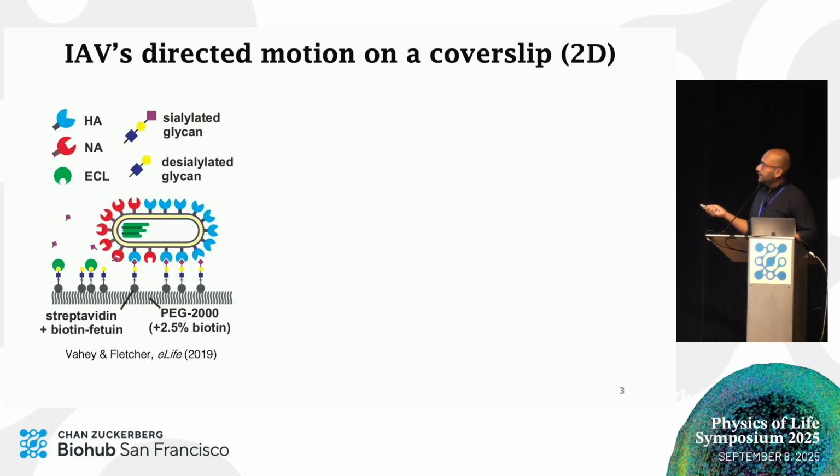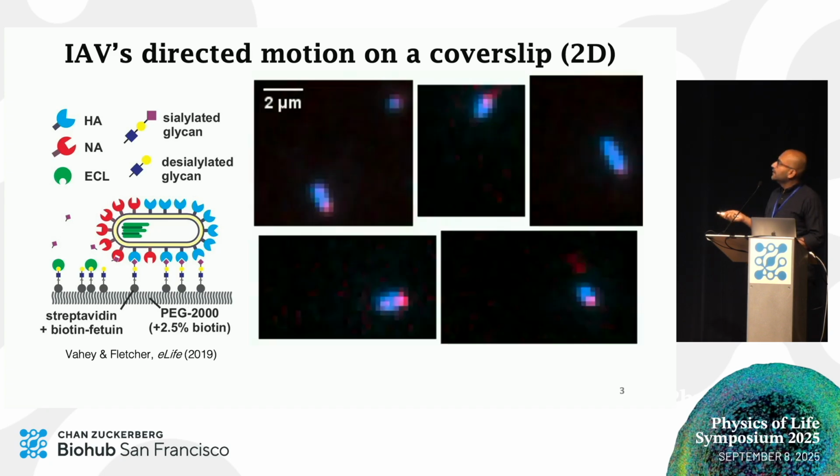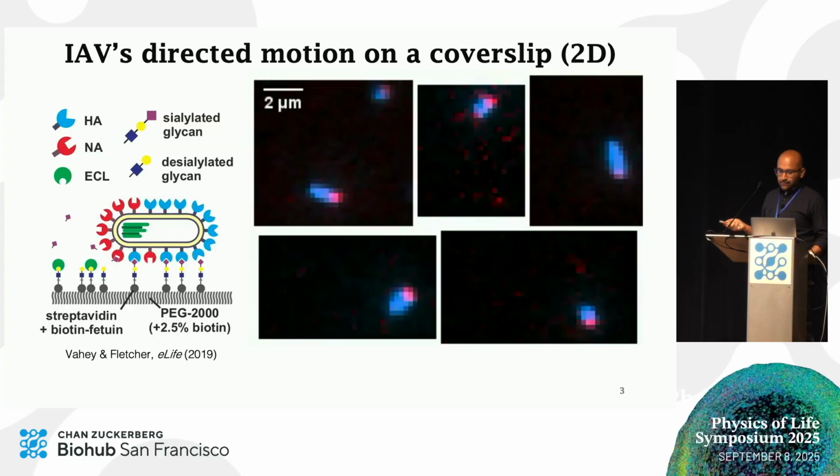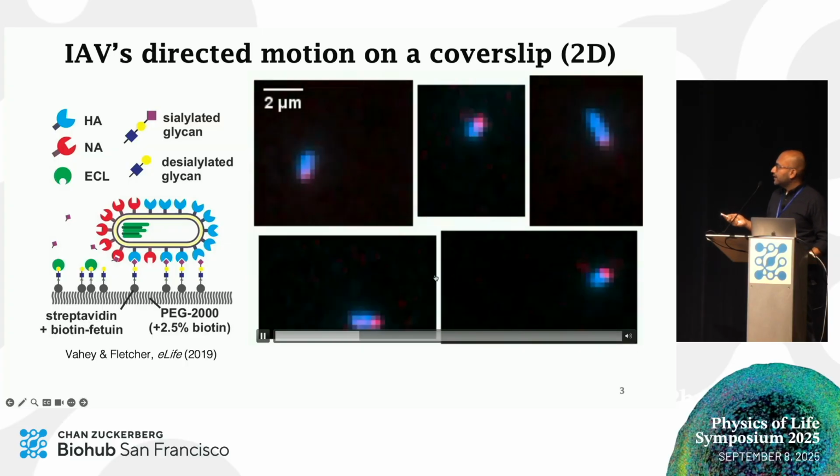NA, or neuraminidase, is an enzyme shown in red that's spatially confined to the pole, and it enzymatically cleaves these sialic acid receptors. When they place these virions on a cover slip functionalized with sialic acid, what they found is that these virions persistently stepped away from their neuraminidase-rich pole.